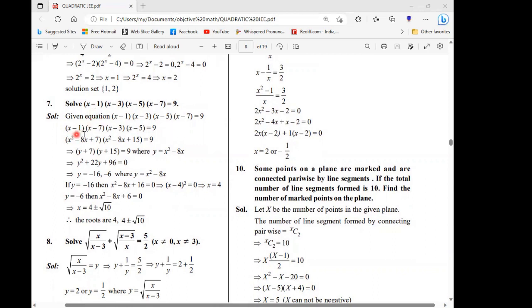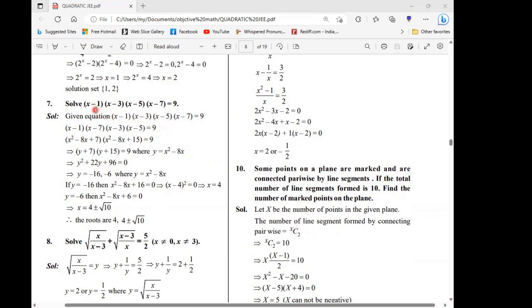So we have to write side by side x minus 1 and x minus 7. Why are we writing like that? Why don't we take x minus 1 and x minus 3 together? Because the middle terms cannot match. After multiplying, I will show you. By using this technique, we will solve this equation easily in a short time.